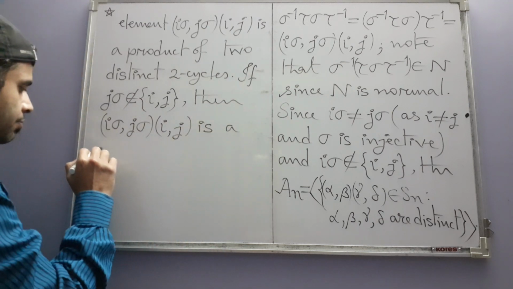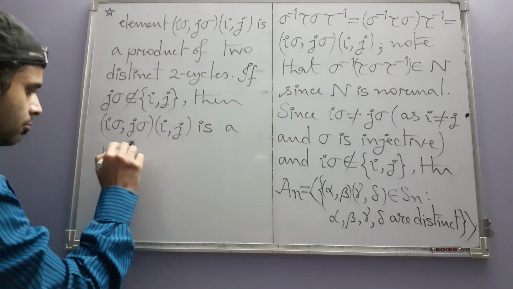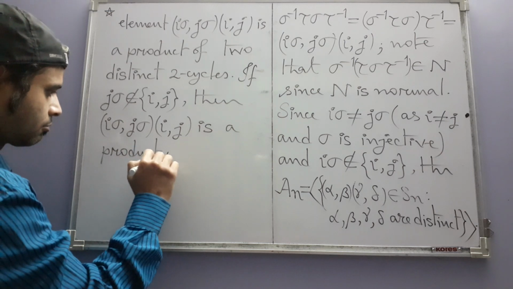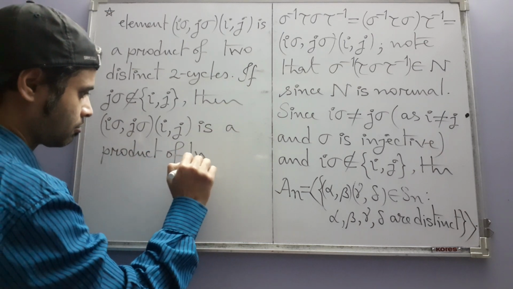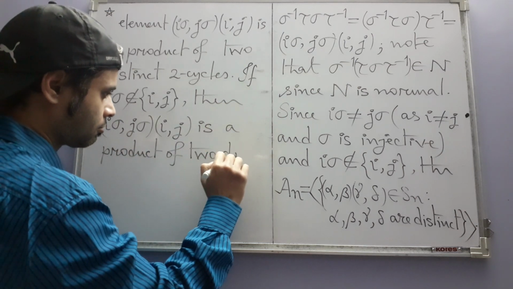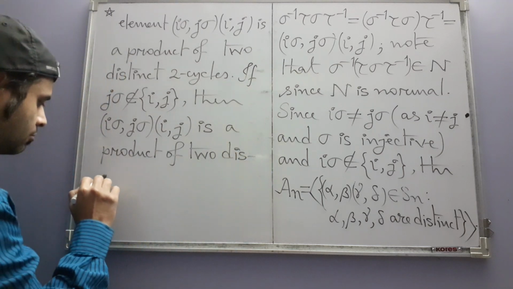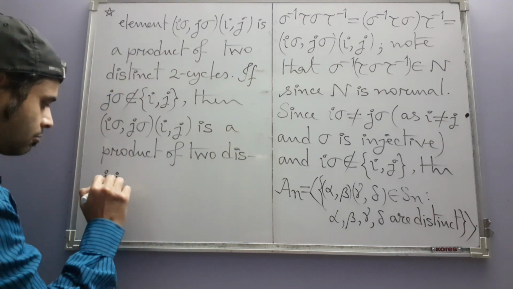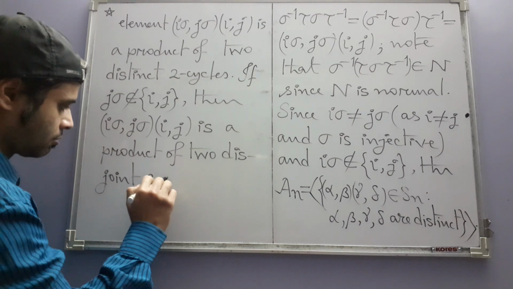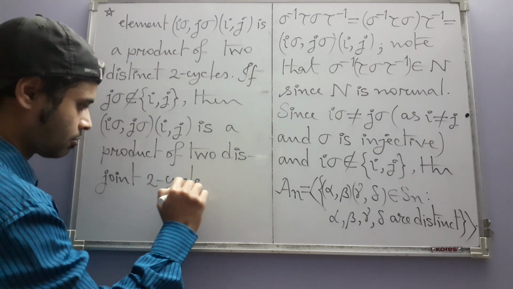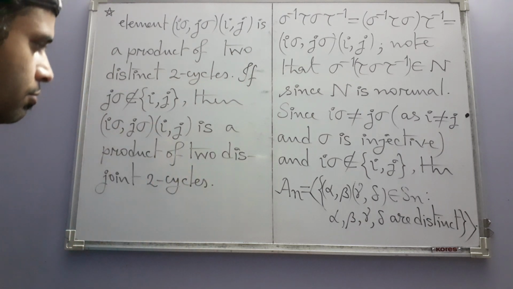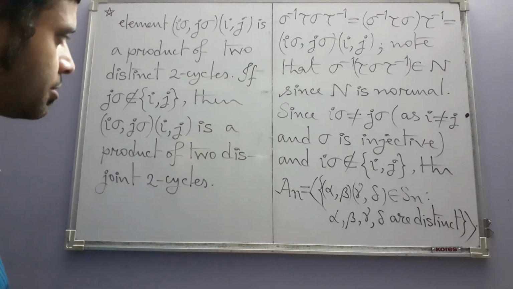Is a product of two disjoint two cycles.